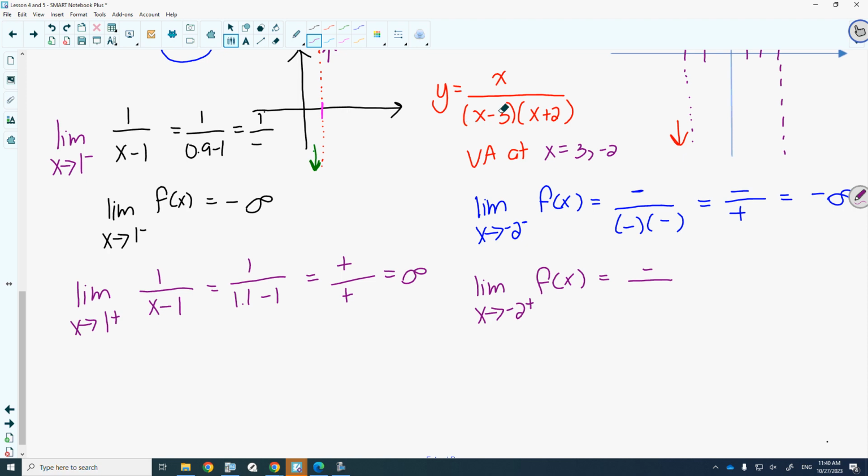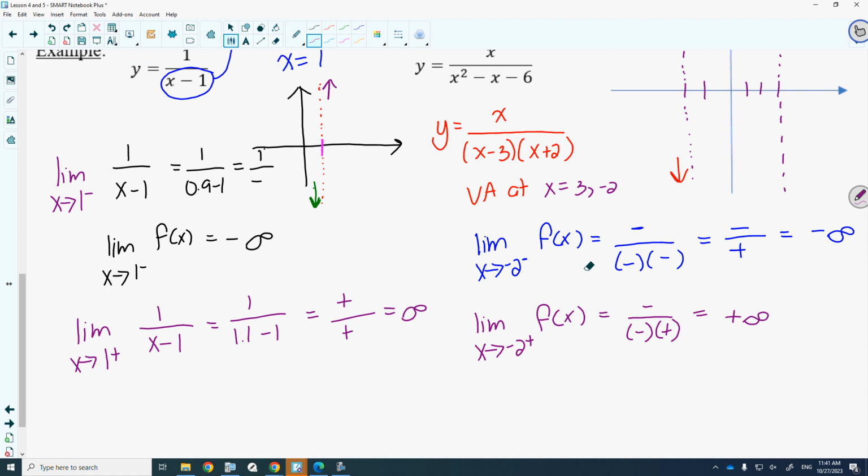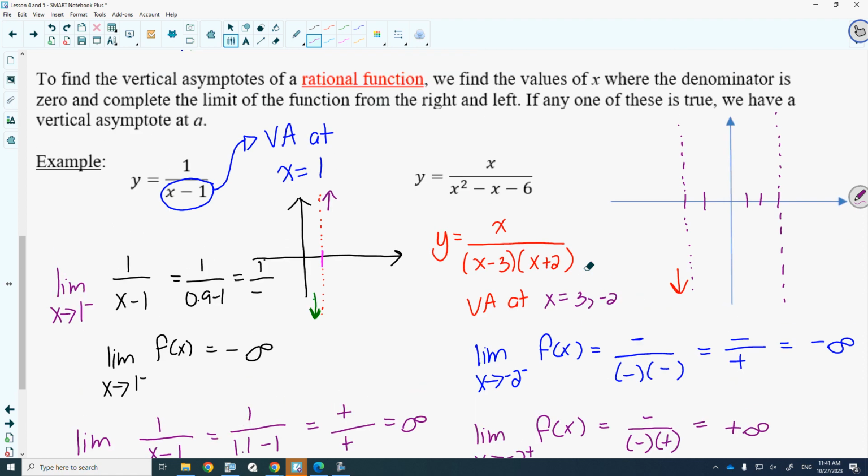I just know that a negative minus a negative is a negative. And what would this one be? Positive. Okay, what is this graph approaching as we approach negative 2 from the right? Positive infinity, Emily, or negative infinity? Yes, because a negative divided by a negative will give you a positive. This will be a positive number, so positive infinity. Now I can go over here, and I'm going to put an arrow going up.